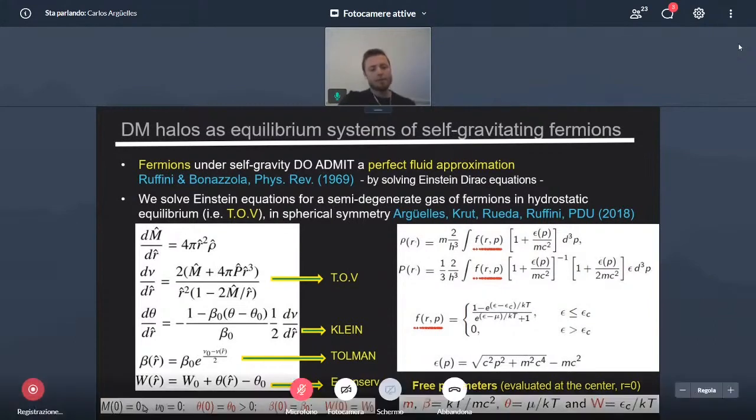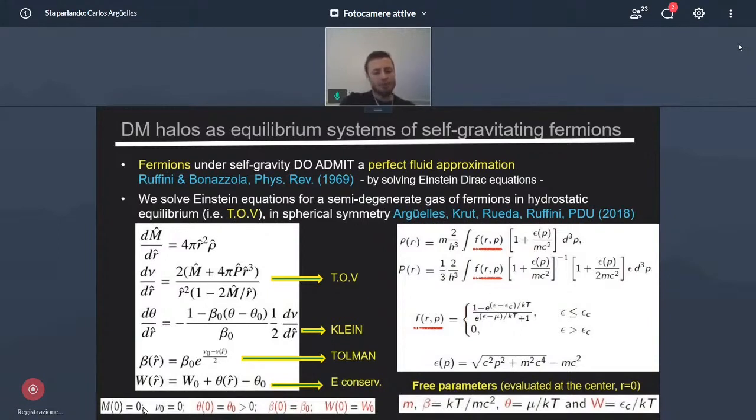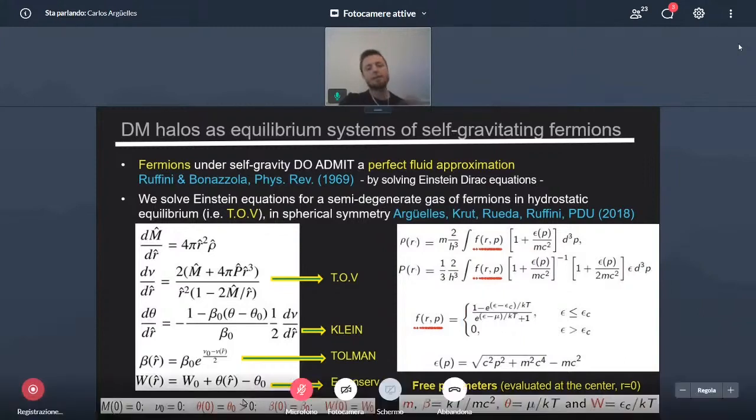The key point is that the mass is not singular at the origin; it is regular, starting from 0. Another very important point is that the degeneracy parameter, theta 0, will be taken larger than 0, meaning that you want solutions to be degenerate or semi-degenerate at the center. We will not be interested in diluted solutions.